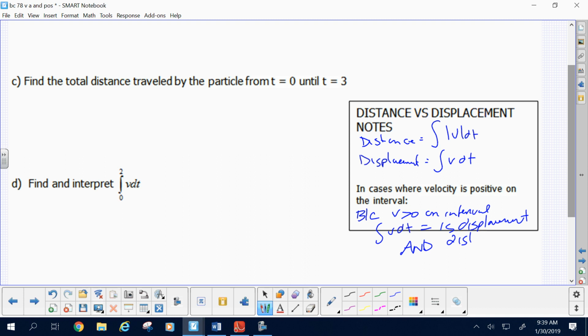If the velocity is positive, then the absolute value or non-absolute value, they're the same. And so it's distance and displacement. You're only moving right, so your displacement and your distance are the same.